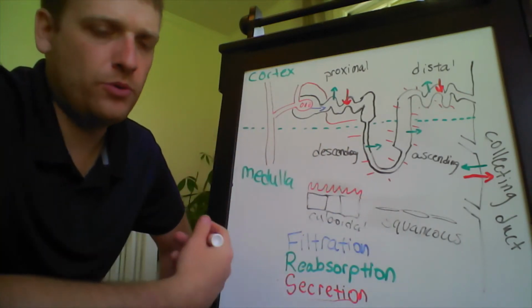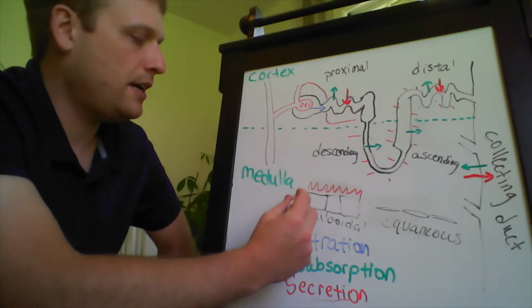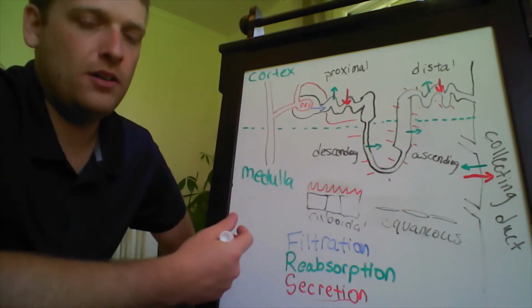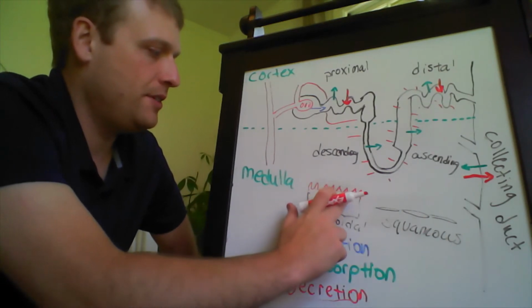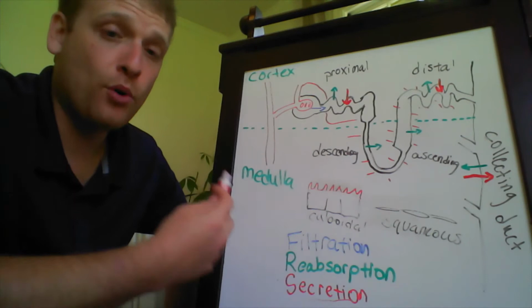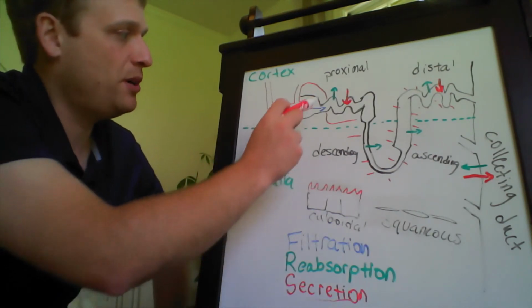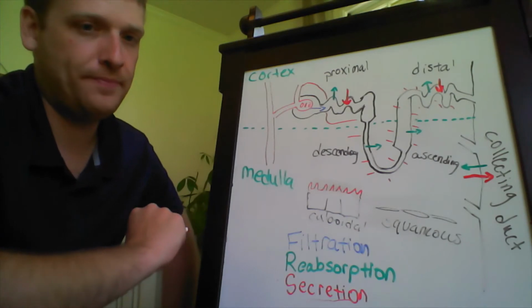So what you will hopefully remember about microvilli is that they are extensions of the cell just designed to increase the surface area of those cells. So cells that have microvilli have more plasma membrane that's exposed to the substances that are adjacent to it.